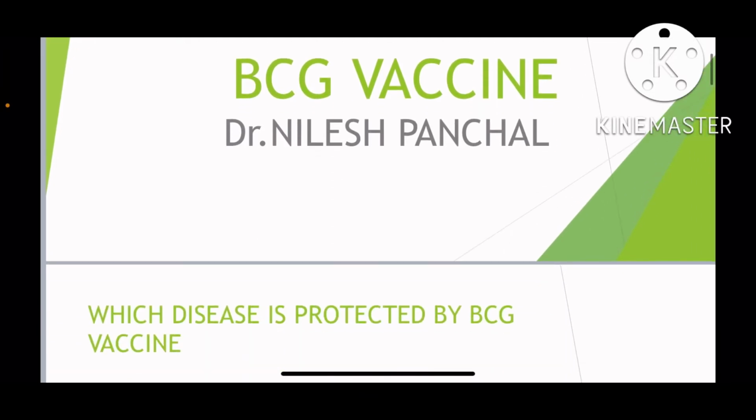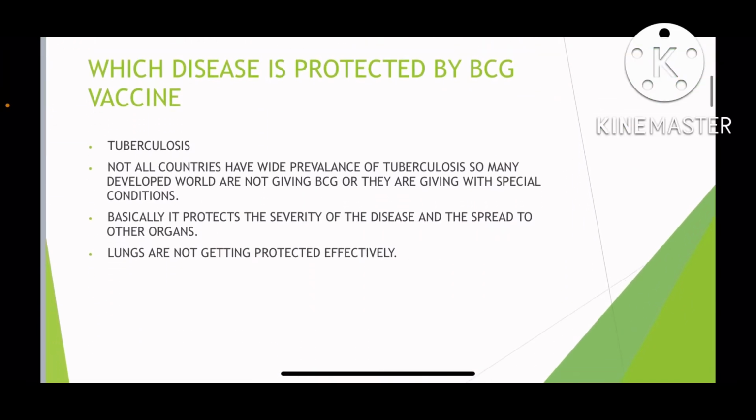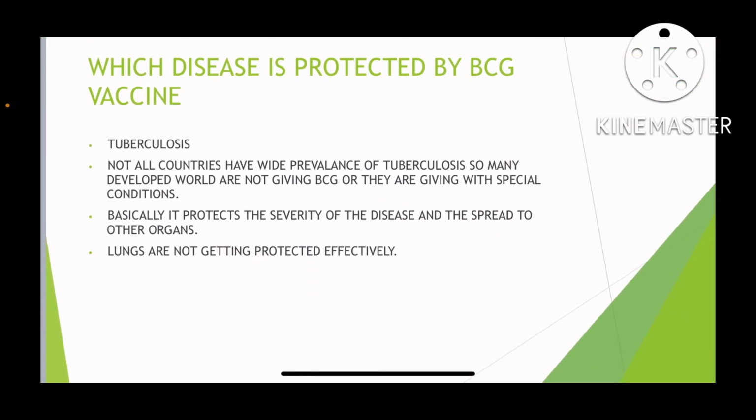As you are aware, the BCG vaccine is given for protection against tuberculosis. Tuberculosis is a very common disease in India, and India is considered an endemic country for tuberculosis.